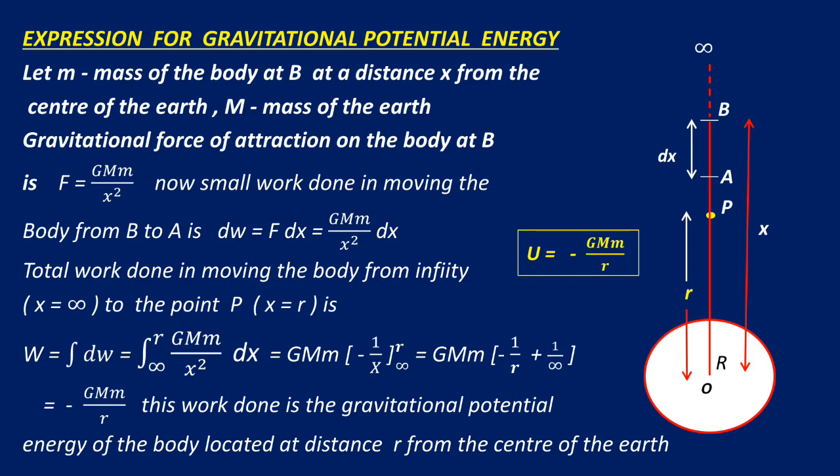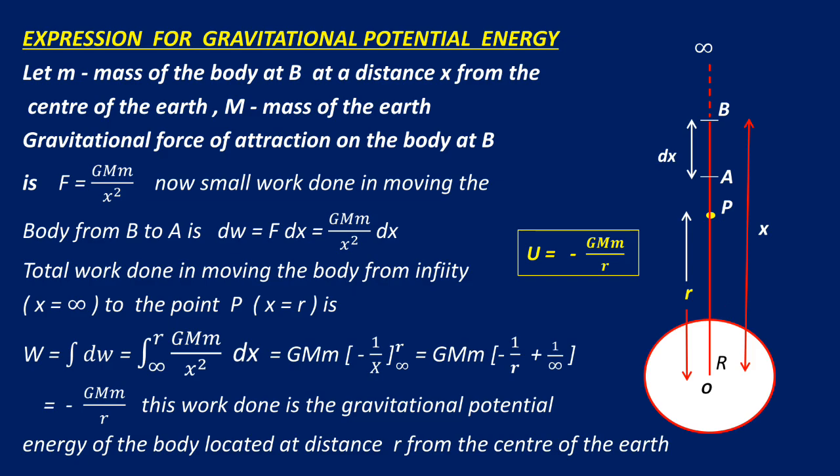So here you can see, let small m be the mass of the body at B, and this body is at a distance x from the center of the earth. Let capital M be the mass of the earth.